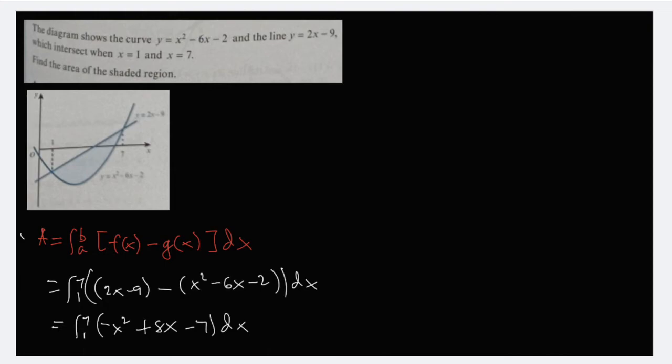Okay, let's move on. Let's start to integrate now. Let's put some boundary here. The integration of negative x squared will be equal to negative x raised to 3 over 3, plus the integration of 8x, that would be 8x squared over 2.